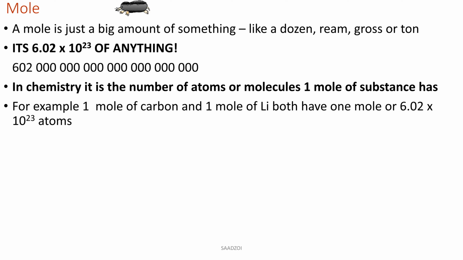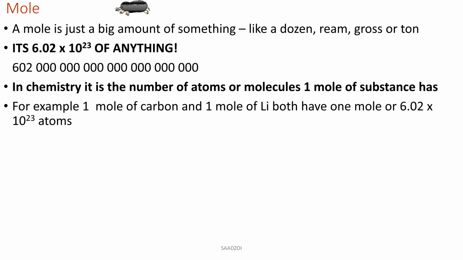Now the key here: a single atom is represented by the word atoms, for a single element. So when we're talking about lithium or carbon, which are single elements, we're talking about atoms. But what if we're talking about a compound? What do we do then? Well, instead of using the word atoms, we call it molecules.